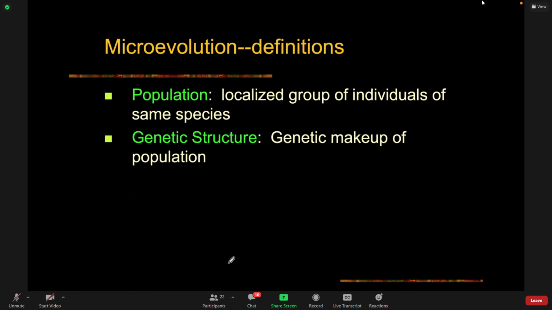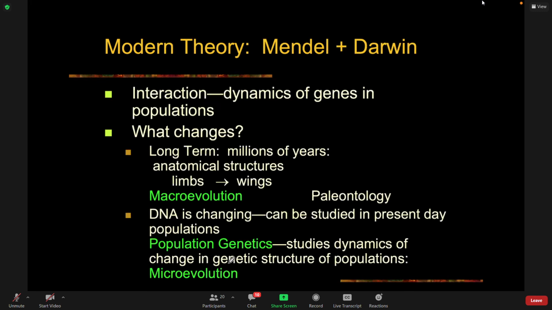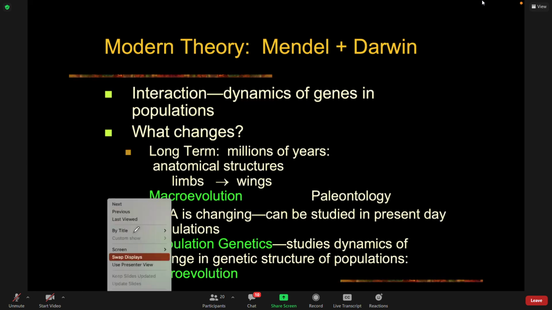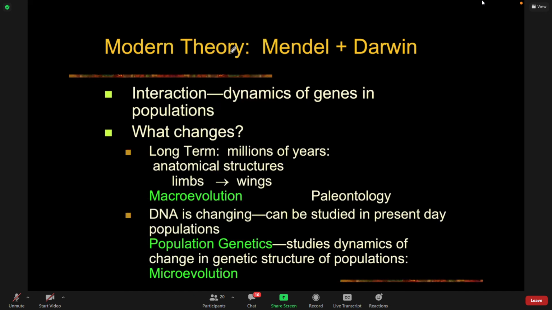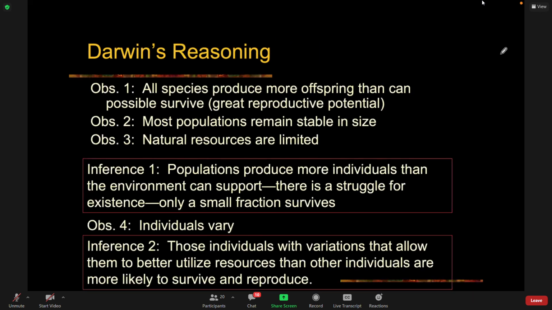Could I see slide 20, please? Slide 20. Okay, thank you. Anyone else? Can I see slide 7? Slide 7. Okay, thanks. Anyone else?